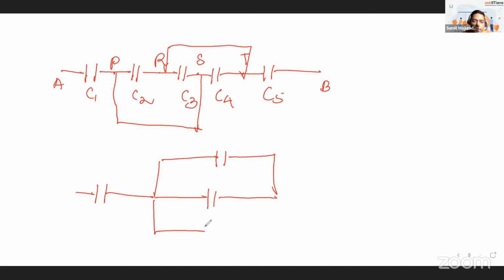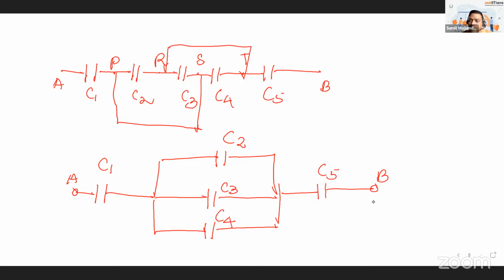This is a second capacitor. This is a third capacitor. This is a fourth. This is A. This is B. This is C1, C2, C3, C4, C5. Further, if we do this, we will get something like this.